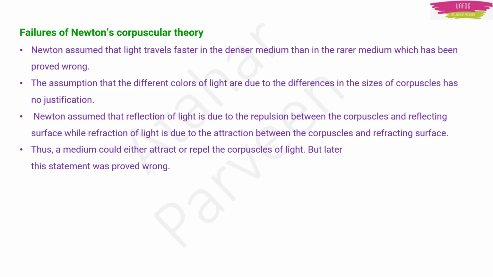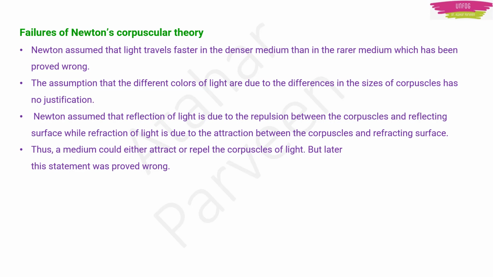The conclusion of this statement would be that the medium should either attract or repel the corpuscles of light. But this is not possible; this statement was also proved wrong. The medium has nothing to do with attraction or repulsion of light. Medium has nothing to do with light first of all. In any medium, the speed of light will change.